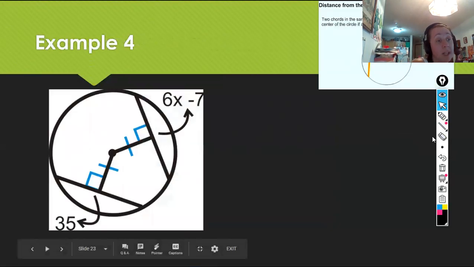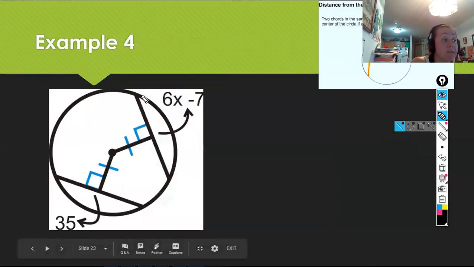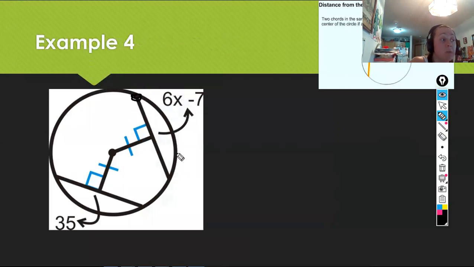So in this one, we can see that we have two chords because they connect from one point to another, and then one point to another. And they are the same distance away from the center of that circle. So these chords are the same. So if I wanted to find x, I would just go 6x minus 7 equals 35.